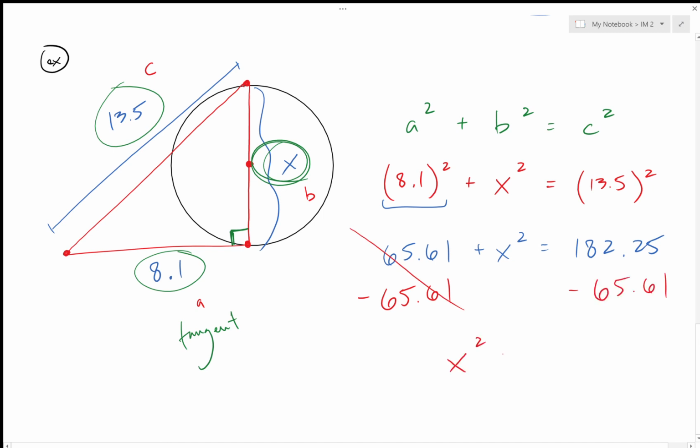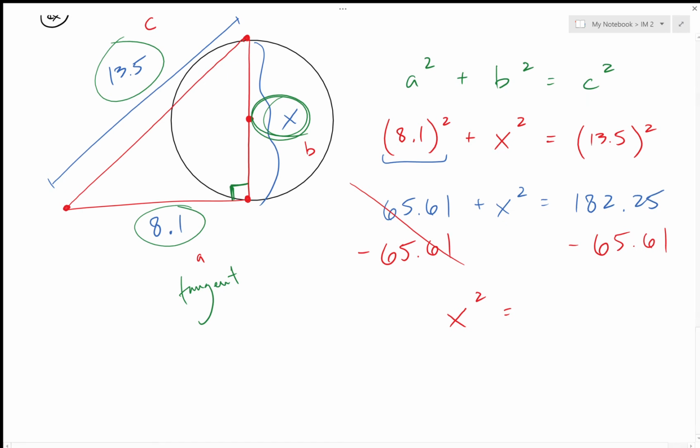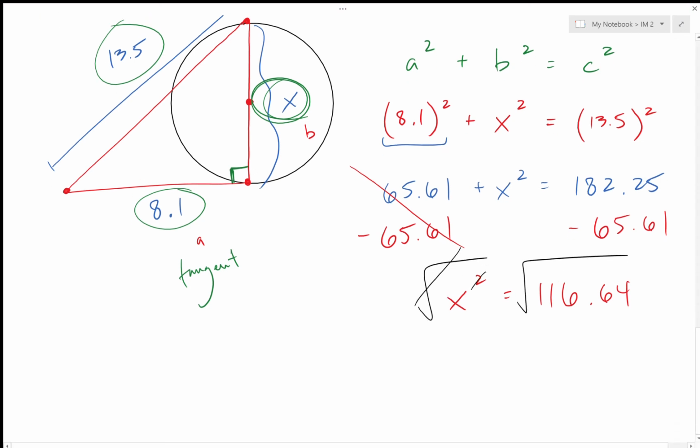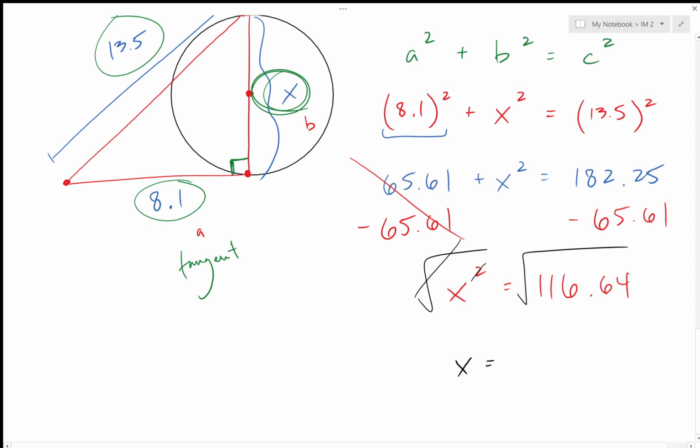So we get x squared equals, we subtract those, we get 116.64. Now that number is not our answer yet, we still need to square root it. So in the end, x equals 10.8.